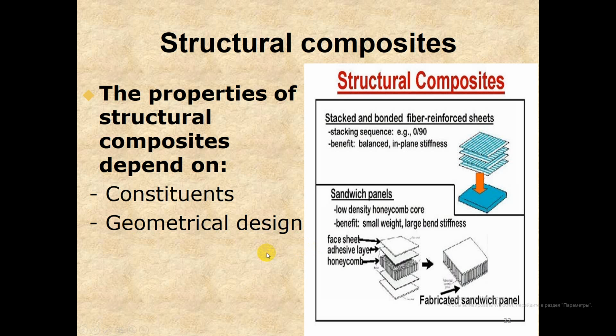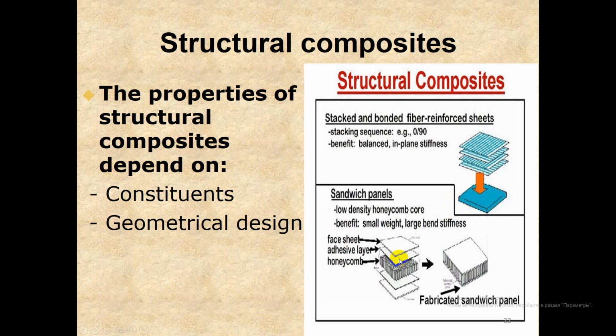Structural composites. The properties of structural composites depend on the constituents and geometrical design. You can see here stacked and bonded fiber reinforced sheets. Stacking sequence 0, 90 benefits balanced in-plane stiffness.